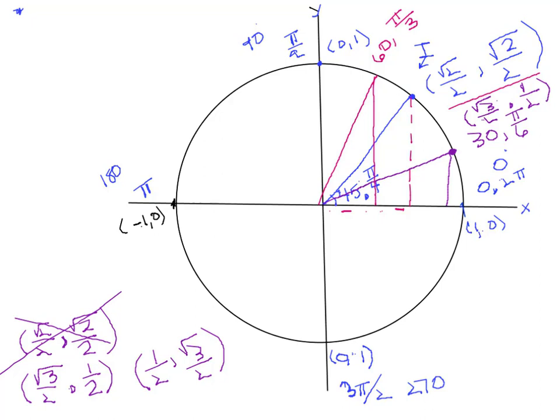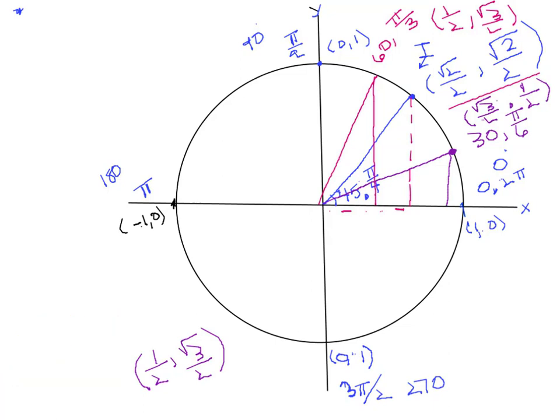The y value. So we reverse it. Here, the x value is smaller than the y value. Does that make sense? Okay, so this is basically what you have to memorize. What I've just told you is what you have to memorize.